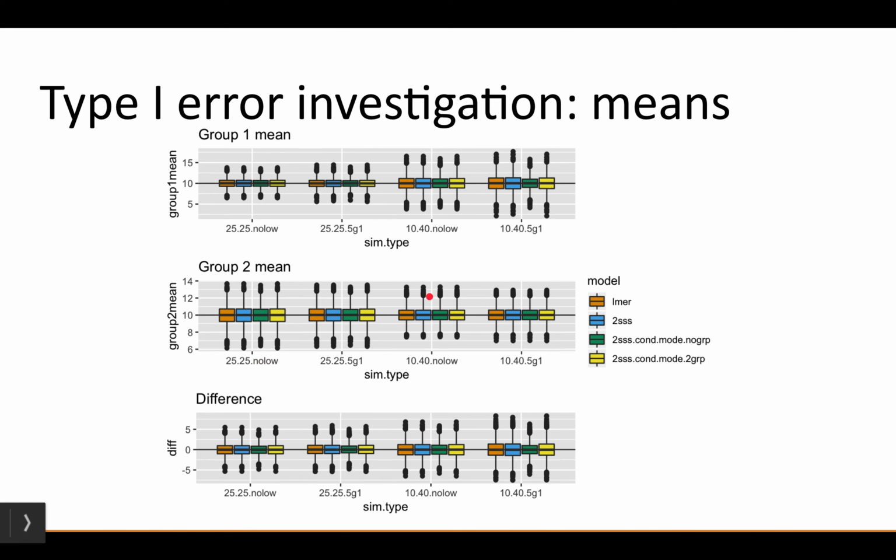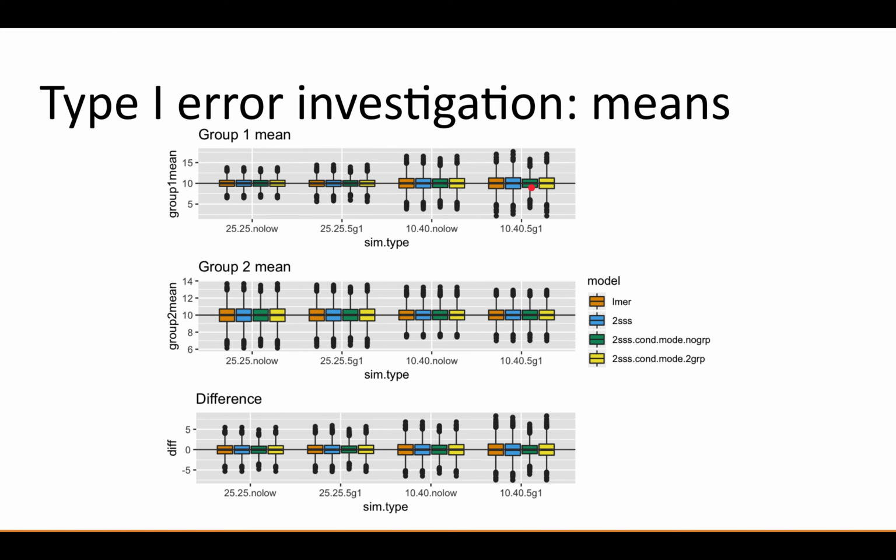But if you look carefully and you look at the distribution spread, you'll see that in this case, this is the pseudo 2-stage summary statistics approach where there was no group in the model. You can see these estimates tend to be closer to 0. So there's some sort of bias happening here, but it's not happening using the pseudo 2-stage summary statistics approach when group is modeled.